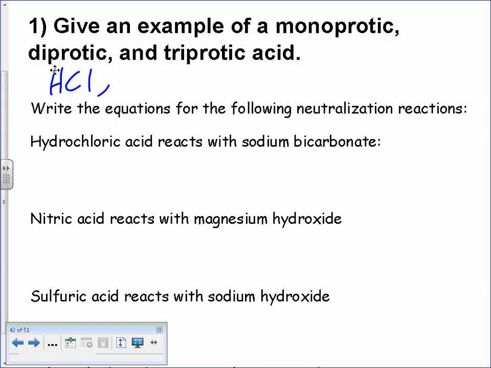Sulfuric, so H2SO4 would be sulfuric acid, that's diprotic. Do you have a triprotic one? So what's the name of that? Phosphoric acid, right. So as long as you can detect the H, and you can see 1, 2, 3, you can determine it's mono, di, and tri.